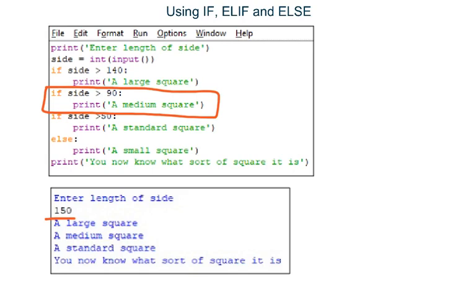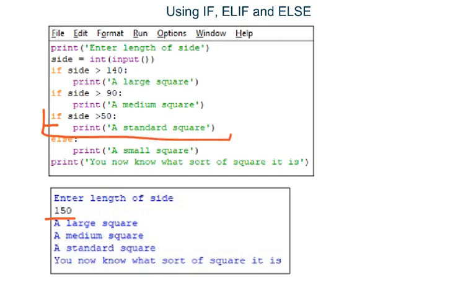It will check if what is in variable size is bigger than 90. 150 is bigger than 90, so it does output this line of code. It outputs a medium square. Because we have used an if, not an ELIF, the program will always check this line of code. It will see if what is inside is bigger than 50. 150 is bigger than 50, so it outputs this line of code saying a standard square.